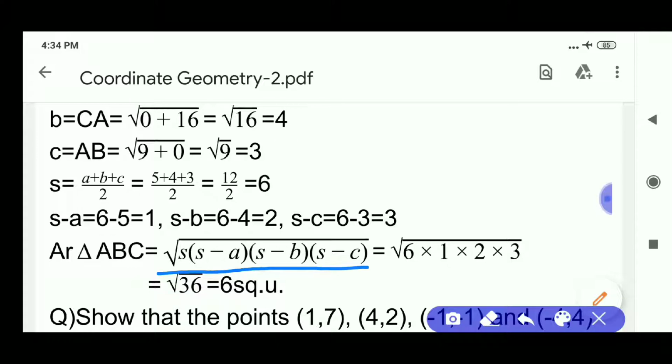That equals root over 6 into 1 into 2 into 3, that is root 36. Root 36 is 6. So the answer is 6 square units.